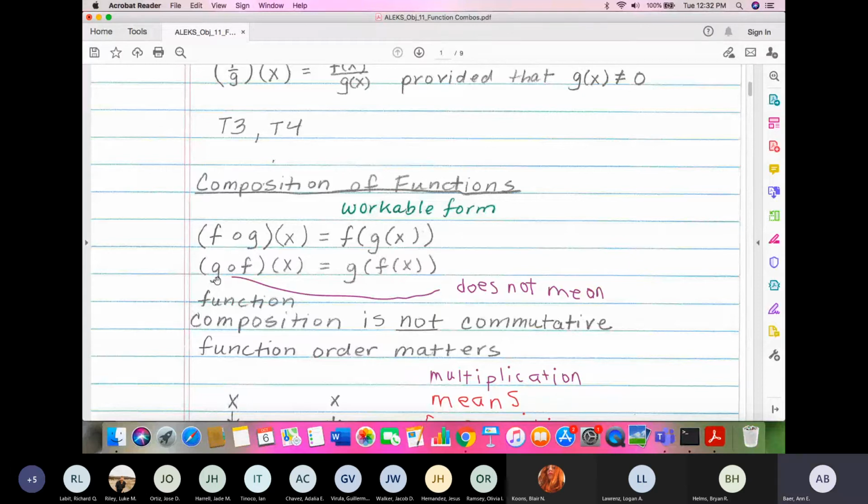So what about this? How do we convert this one to workable form? And we're going to do, I think, enough problems today, so you'll have this down. We start with the first letter going from left to right, G, parenthesis. Next letter, F, parenthesis. Of what? X. And close off. Make sure we have the closing parentheses.